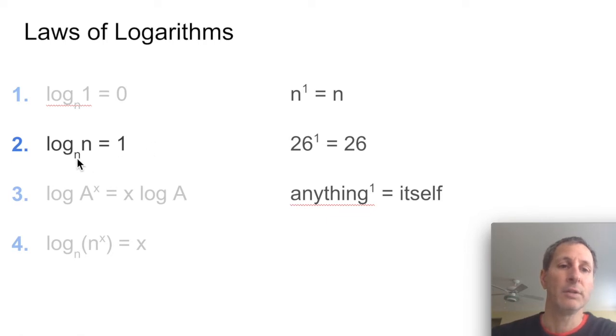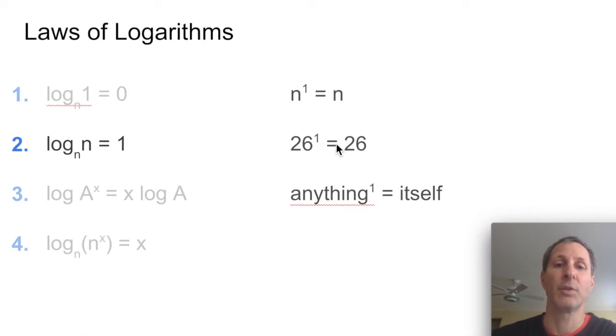The second law is, again, similar to the second law of exponents. Log base n of n is equal to 1. In other words, if you have the same base and the same result, then the exponent is always 1. And that's equivalent to saying, if you rewrite this, n to the 1 power is equal to n, or anything to the 1 power is equal to itself.